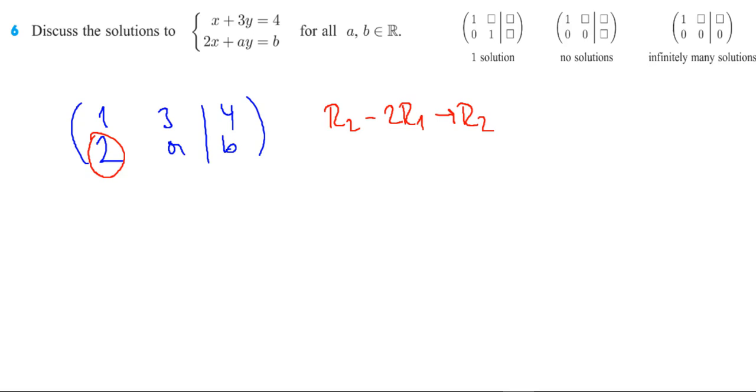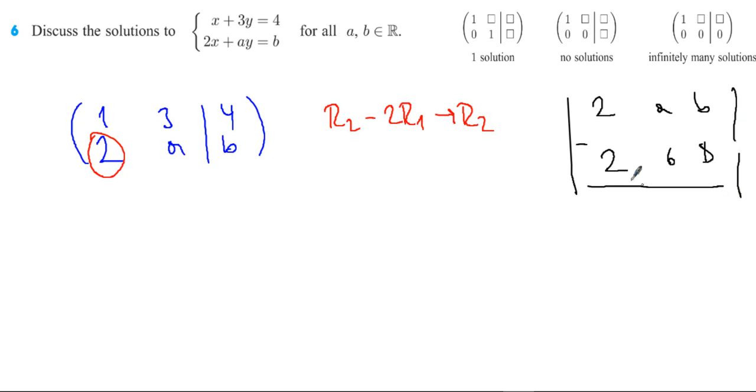Row 2 is given as 2, a, b, and 2 multiplied by row 1 is 2, 6 and 8. If we subtract them, it will be 0, a minus 6, b minus 8. So if we rewrite, our matrix will be 1, 3, 4, and 0, a minus 6, and b minus 8.